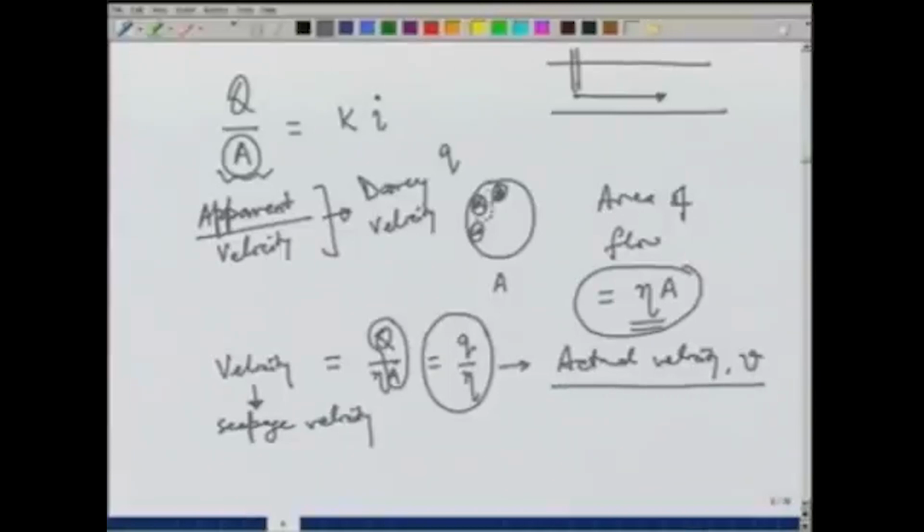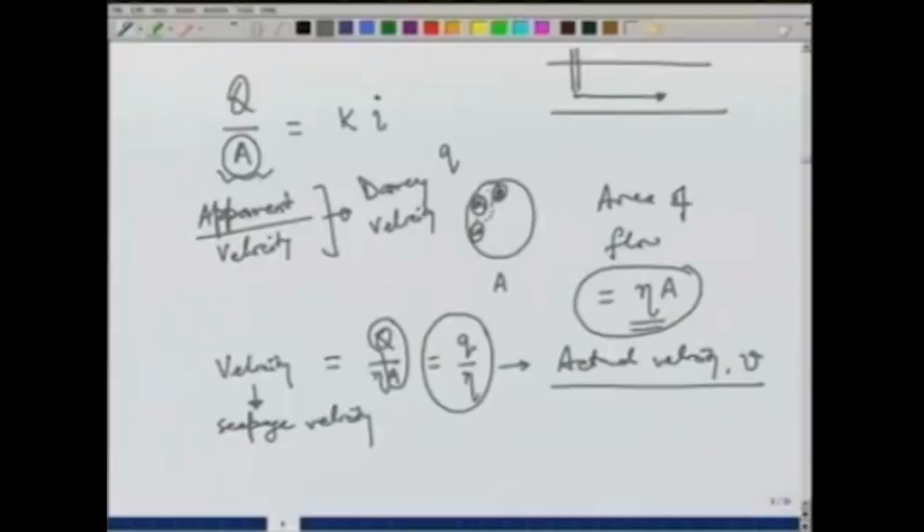So, if we put an object in the groundwater, its velocity of flow will be equal to q over eta and not equal to the Darcy velocity. The hydraulic conductivity is therefore a very important parameter, and there are various ways of determining the hydraulic conductivity for different soil formations.